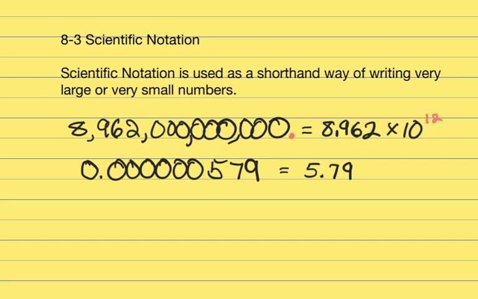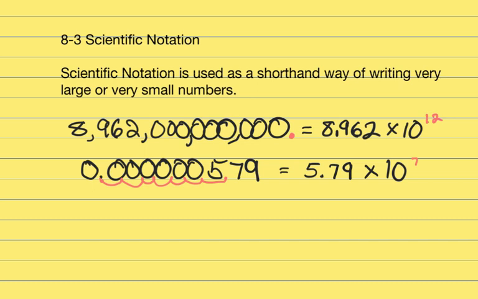When I put my power of 10, times 10 to the, once again, I'm going to count how many places from where the decimal was to where I put it. So let's see, 1, 2, 3, 4, 5, 6, 7. So it'll be a 7.